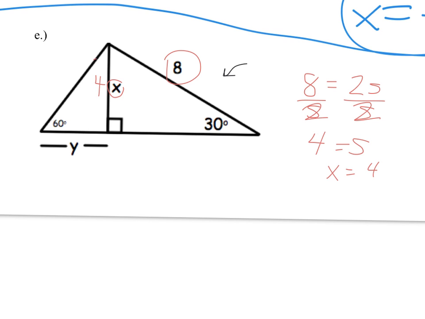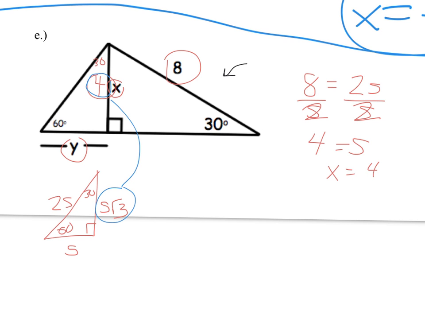Now, with the triangle on the left, that 4 is the longer side, and we want to find the shorter side. So in our model, side opposite 30 is s, and this side would be s times the square root of 3, and this is 2s. So now we know that 4 is equal to s times the square root of 3.